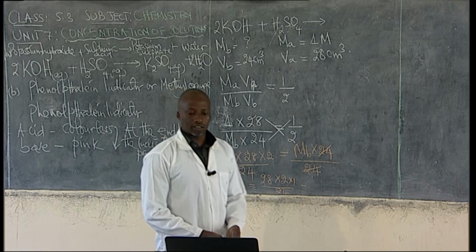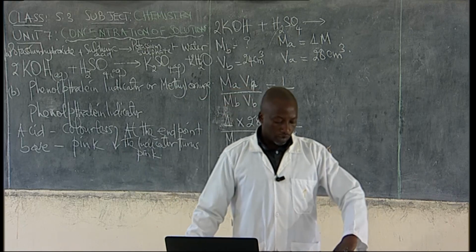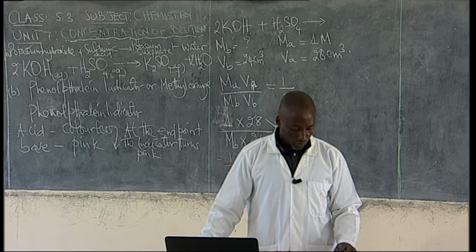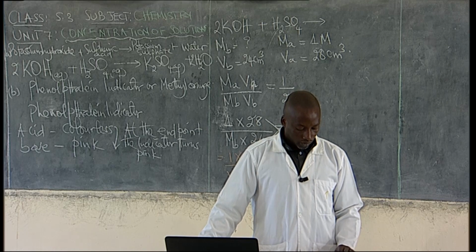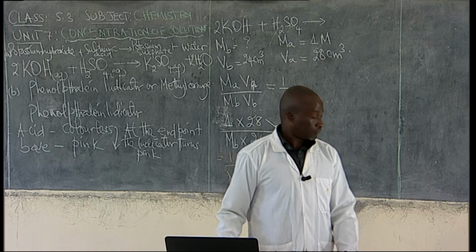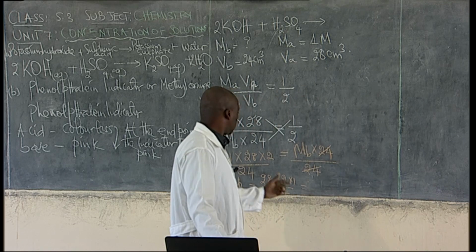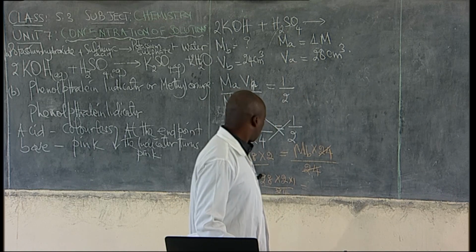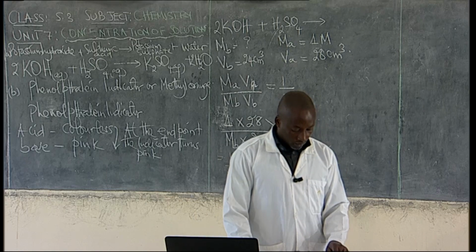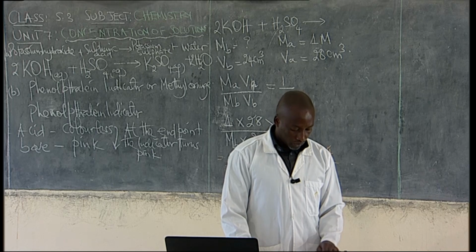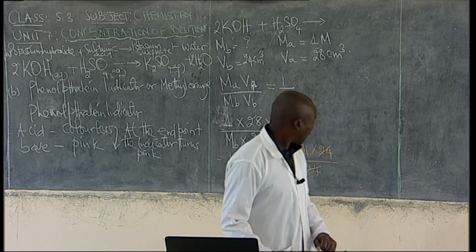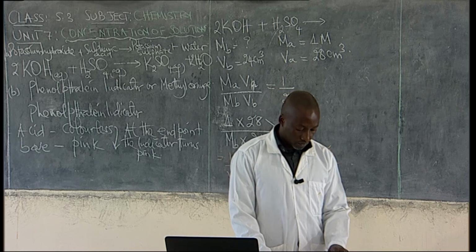So press the calculator. Can you press together? Because I told you you'll need the calculator to work out this. So you have 28 times 2, that is 56, divided by 24.